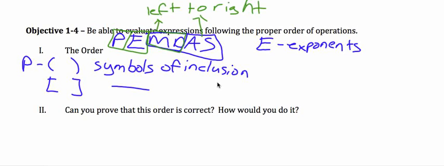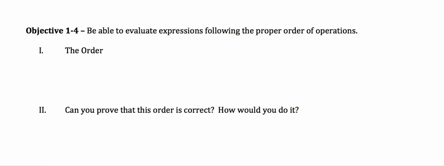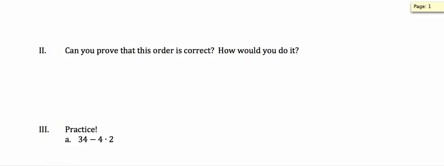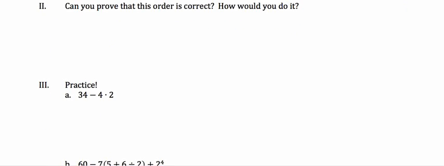The one question that I did ask last year to all my classes was, could you prove that this order is correct? And how would you manage to do that? And now, I don't mean, well, if you don't do it in this order, you get the wrong answer. Well, yeah, but how do you know that's the wrong answer?